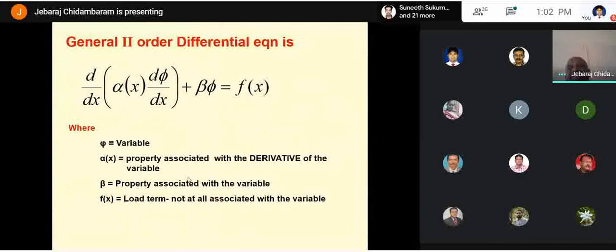Every engineering problem is put under one single mathematical equation, second order quadratic equation.